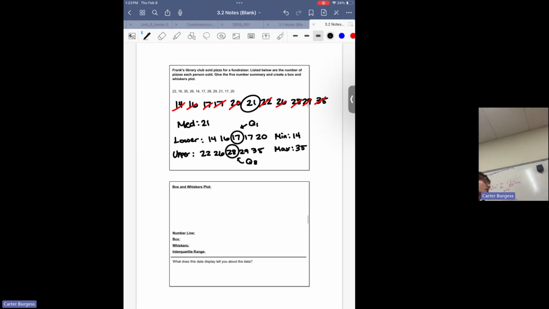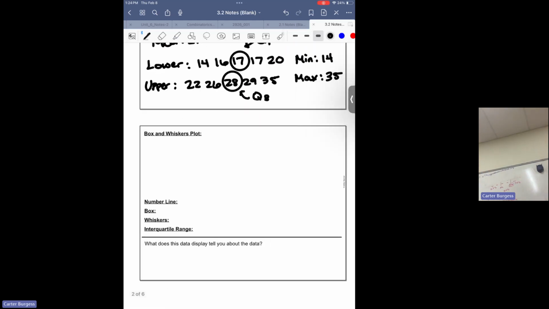All right. For our box and whiskers plot, this is essentially just going to be a way to visually communicate what we have here on a number line. So I'm going to count up by 2s here. We'll say this is 12, 14, 16, 18, 20, 22, 24, 26, 28, 30, 32, 34, 36.